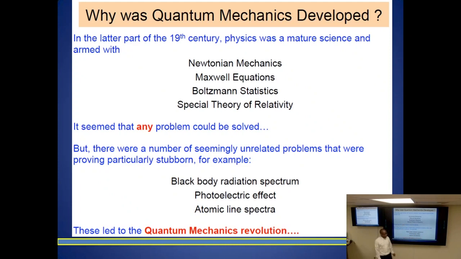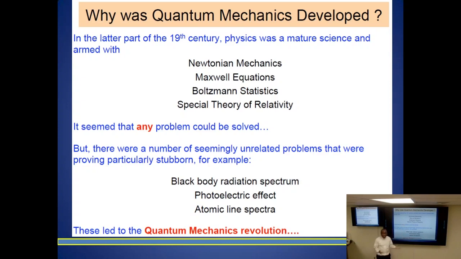At one point, some people said, listen, there's no problem that we could not solve. We are done with physics. It's all over. In fact, a famous physicist said that, unfortunately. He was dead wrong.